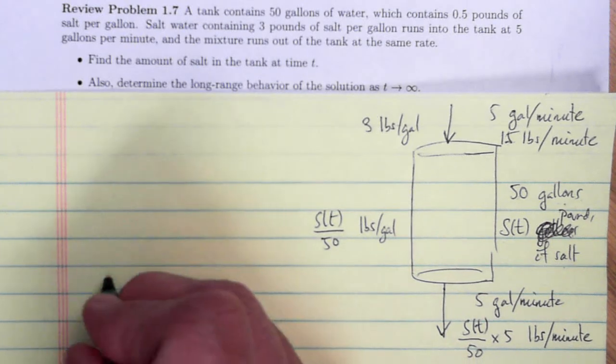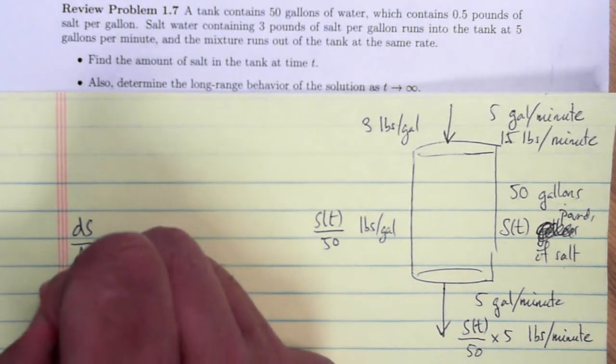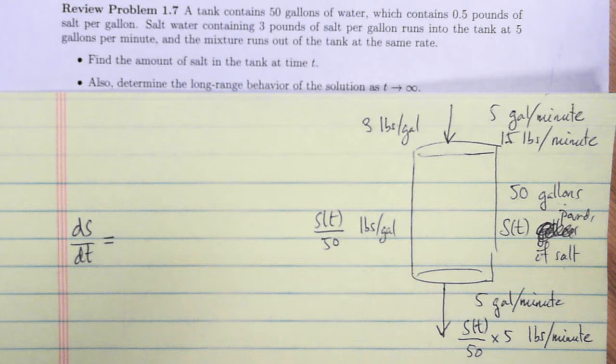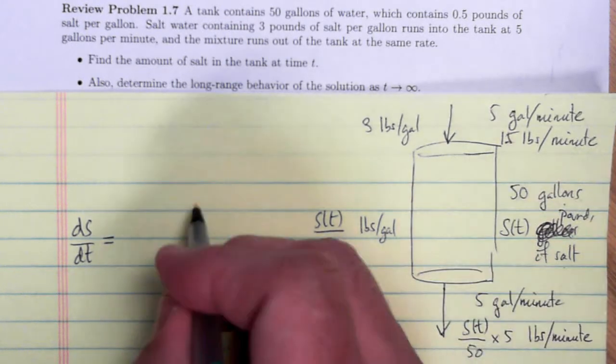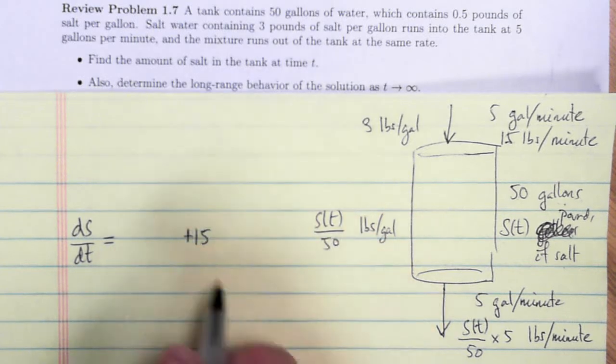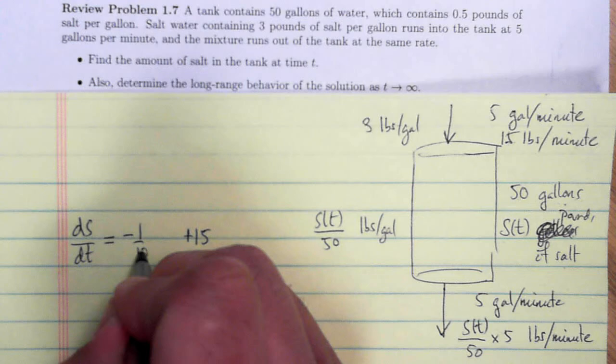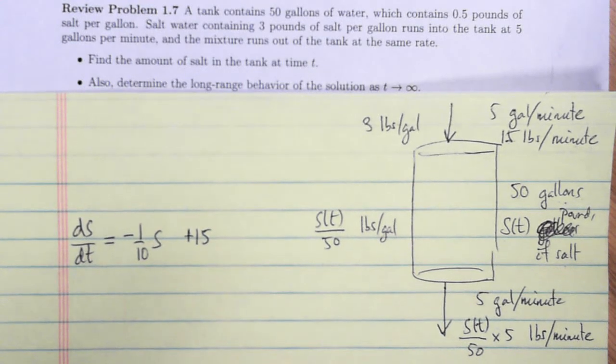So that means that there's 2 contributions to ds dt. If 15 pounds per minute are coming in, but this fraction is leaving, so that's minus 1/10 times s. And so this is going to be the governing differential equation for the amount of salt that's in the tank at time t.